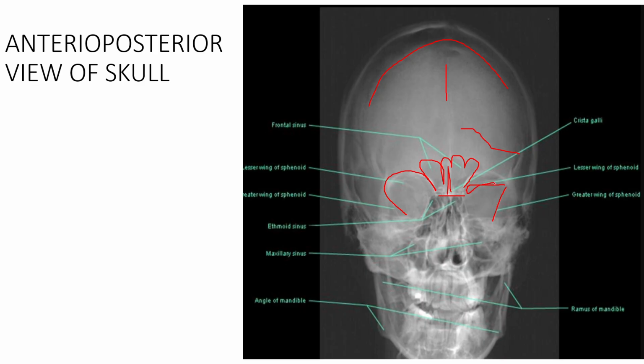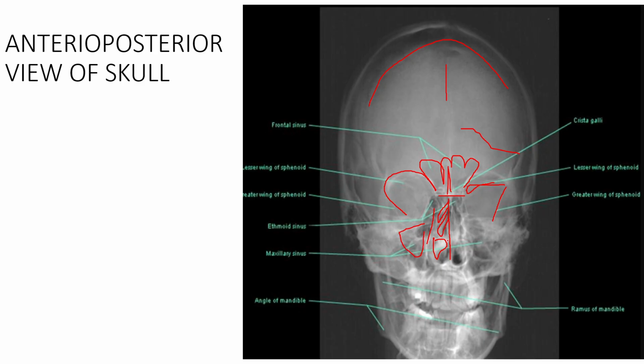Now you can see here the nasal septum, and one concha is this superior concha, this is middle concha, and this one is inferior concha. Here you can see the lateral wall of nose, and this is your maxillary sinus.